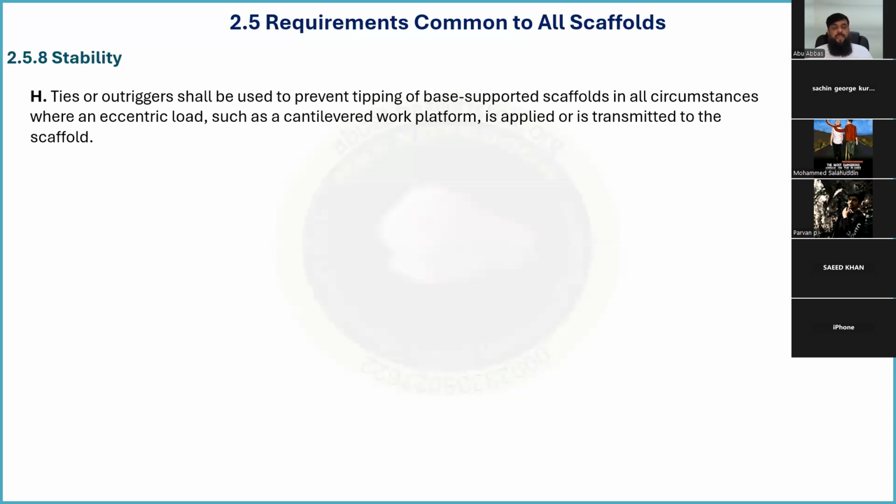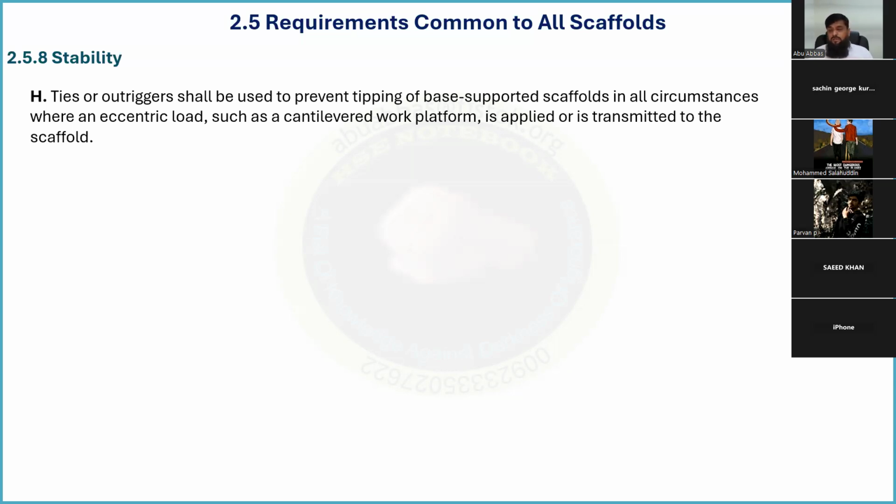Whatever we use for stability, remember ties, outriggers, rakers, they are for stability. And braces we use for rigidity, so there should be no movement.